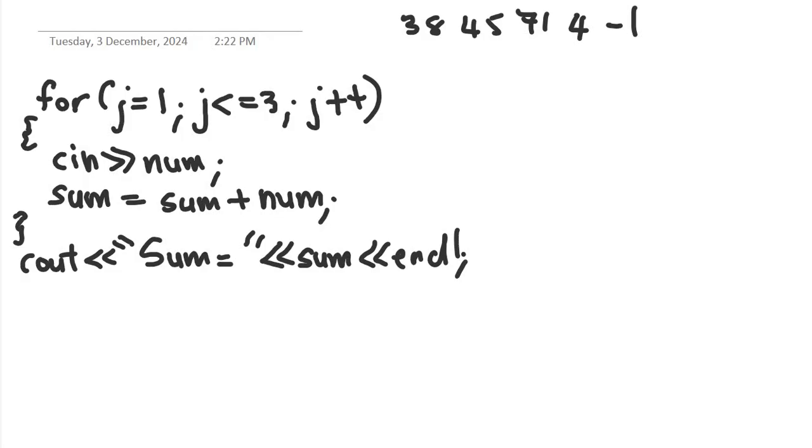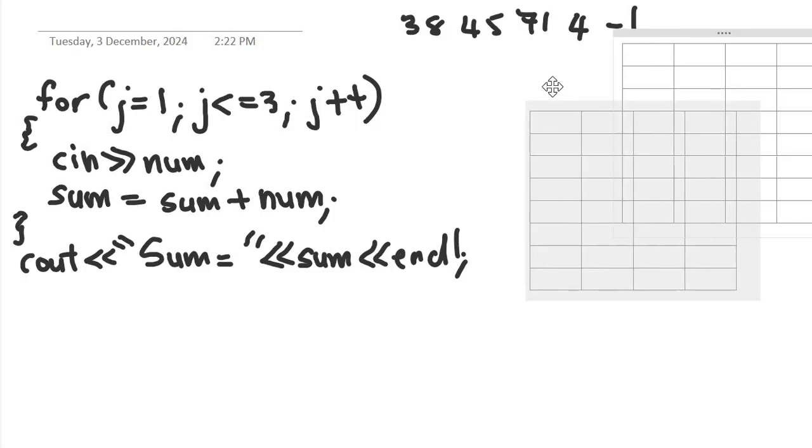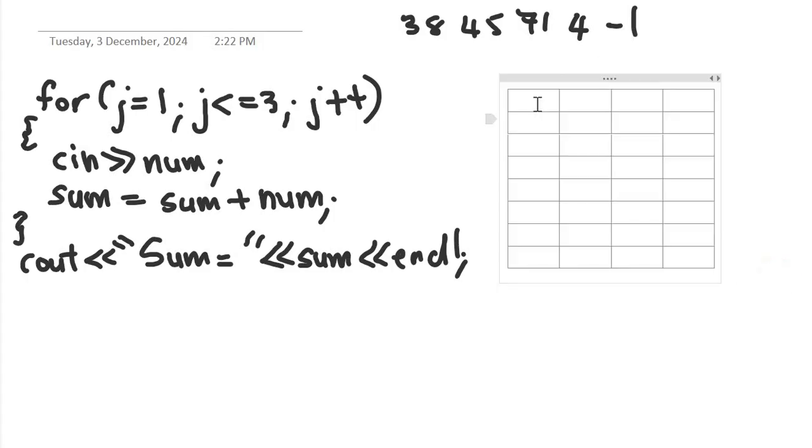So I will create one table with 5 columns: J, the condition J less than or equal to 3, num, sum, and also the final output.